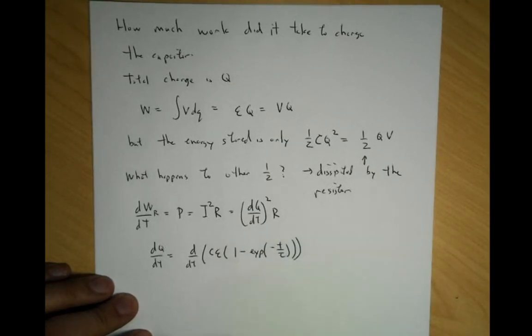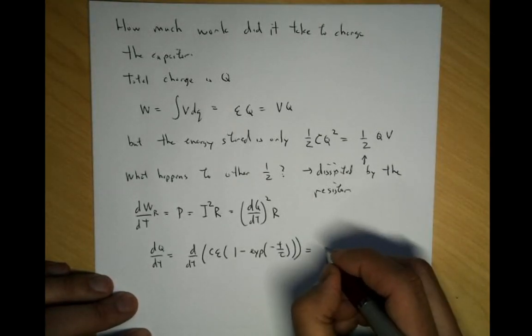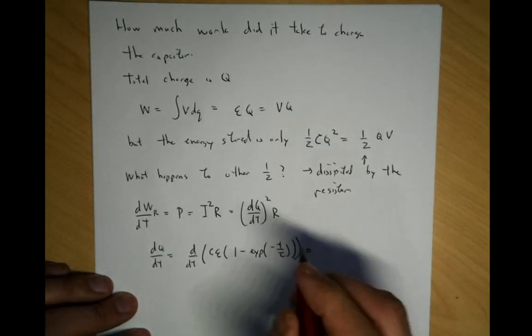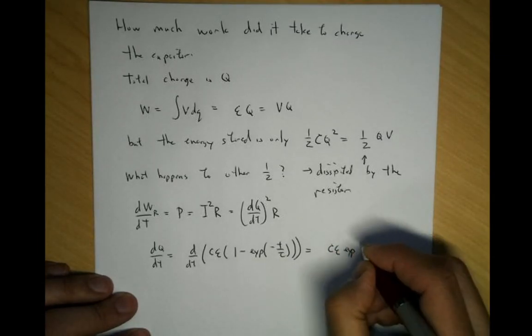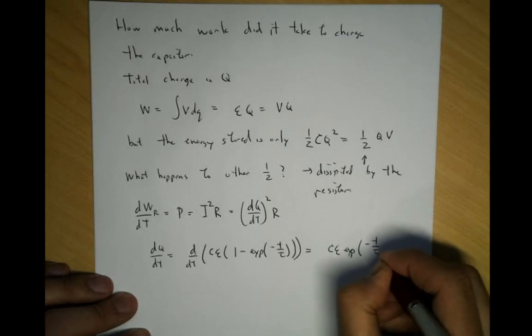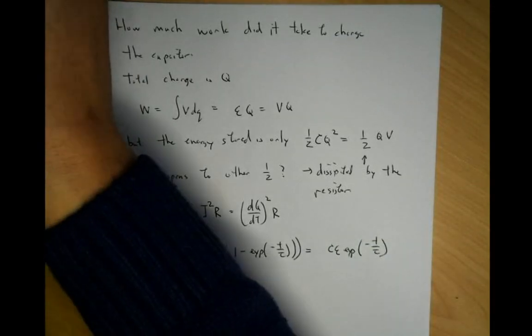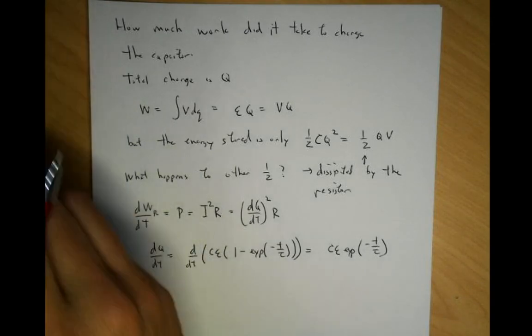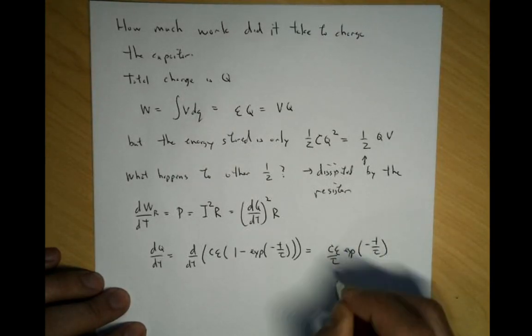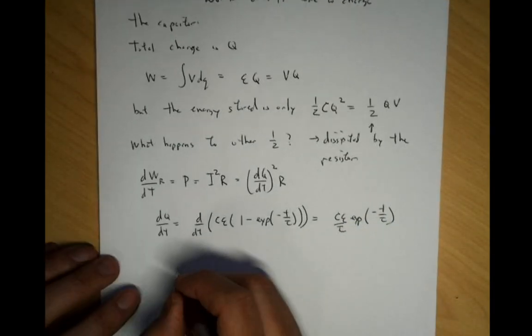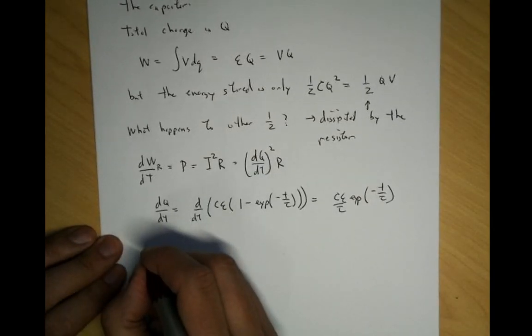This is just going to be a minus, that's a plus, C epsilon exponent minus t over tau, divided by tau. I forgot that.